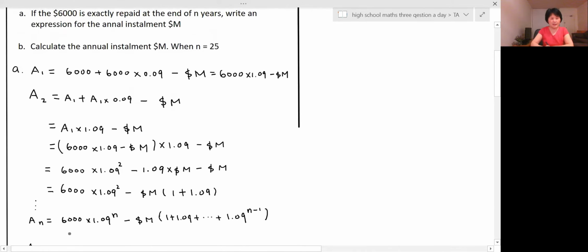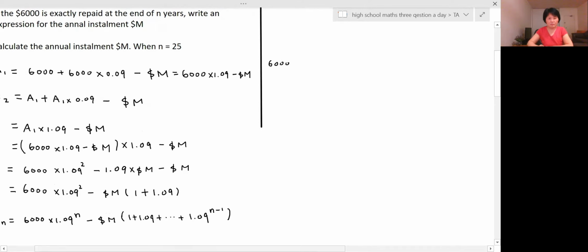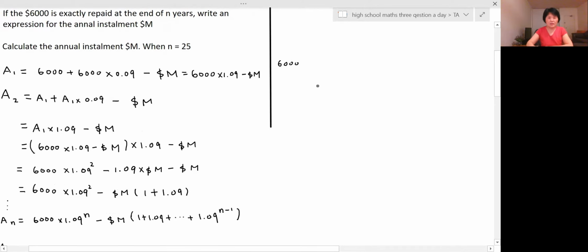Okay, so they want me to find the installment, the $M. Okay, so this AN, I am using the 0 to replace. So now, so means the 6,000 times the 6,000.